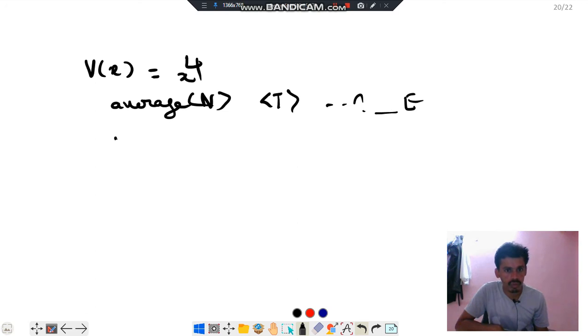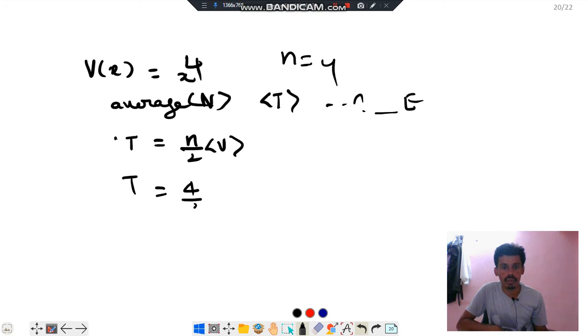From the virial theorem, n by 2 times the average potential energy. What is the n value? n value is 4. T is equal to 4 by 2 average potential energy. 2 cancel. T is equal to 2V.